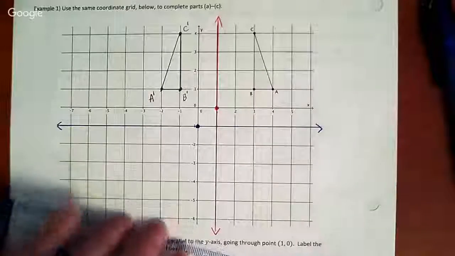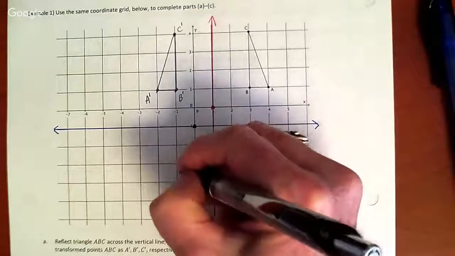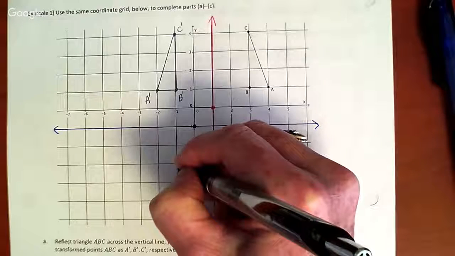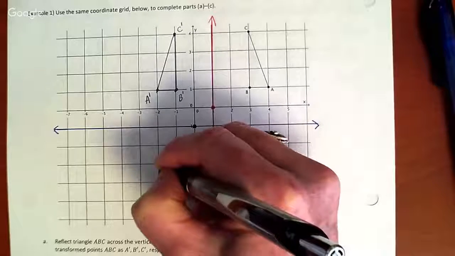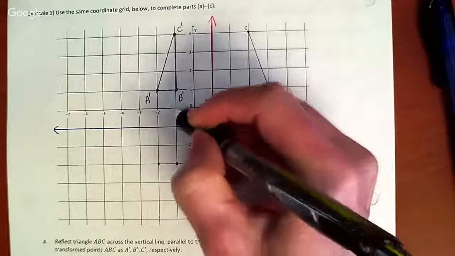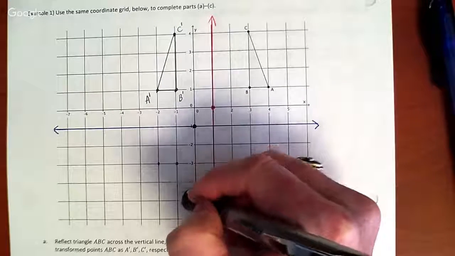Okay. So now I'm going to draw that. So we have 2 going up, so we're going to have 2 going down. And the same thing for A. And then for C, we've got 2, 3, 4, 5. So 2, 3, 4, 5.